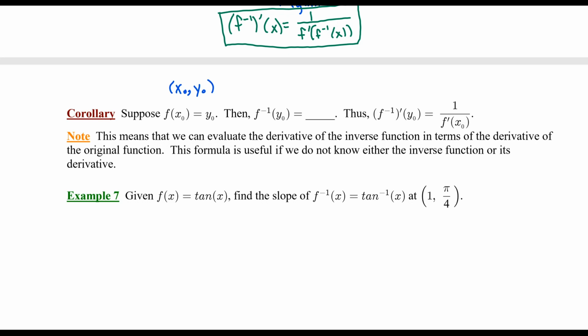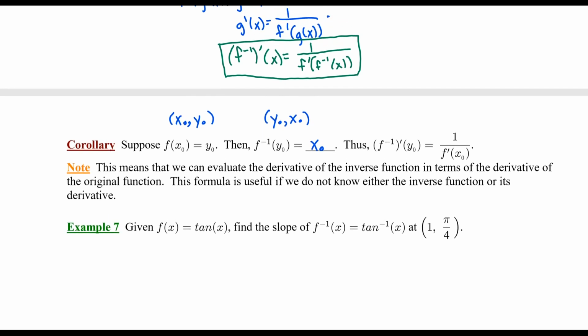Subscripted variables represent constants. So here we've evaluated our function at a specific input and we've gotten a specific output. Now, if this is true, then f inverse of y naught would be x naught. Notice here we've just reversed the x and y because we're dealing with inverse functions. Thus, f inverse prime of y naught is equal to 1 over f prime of x naught.